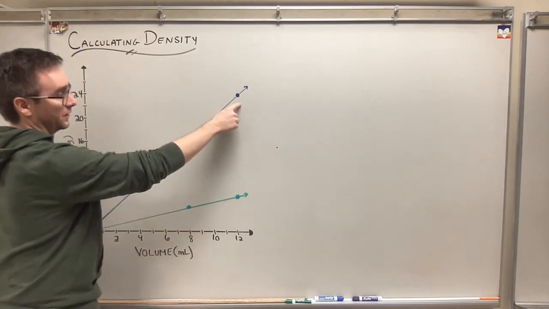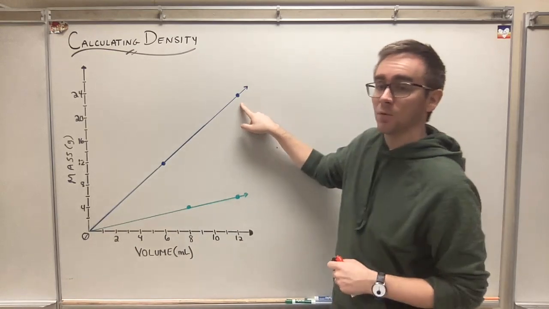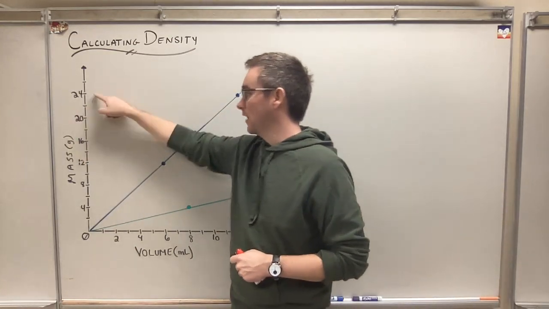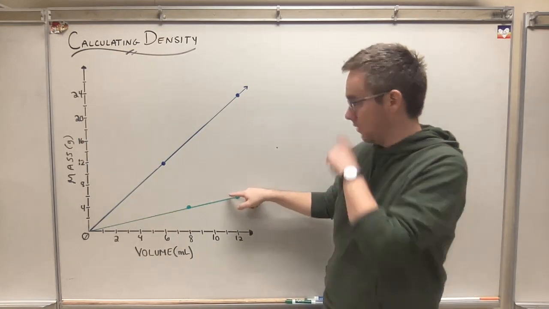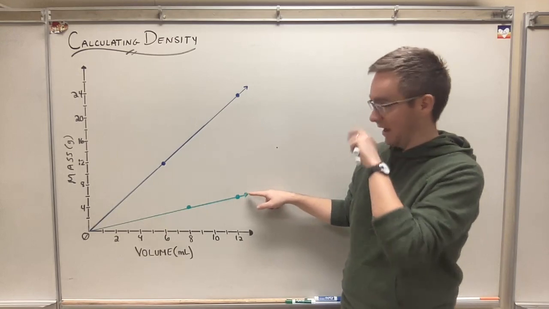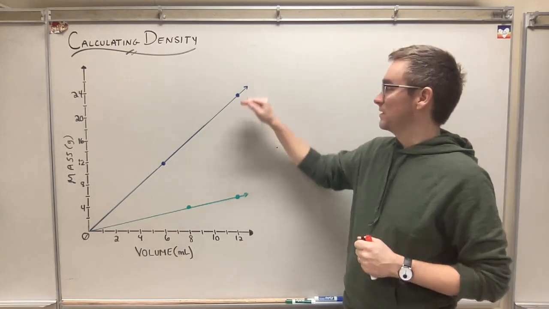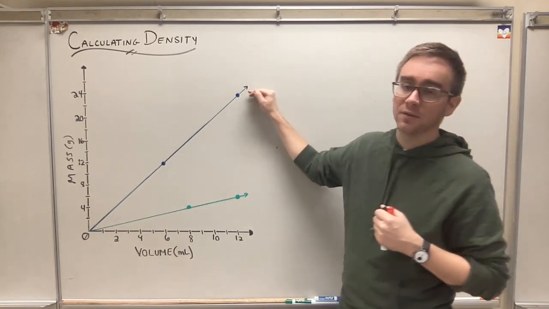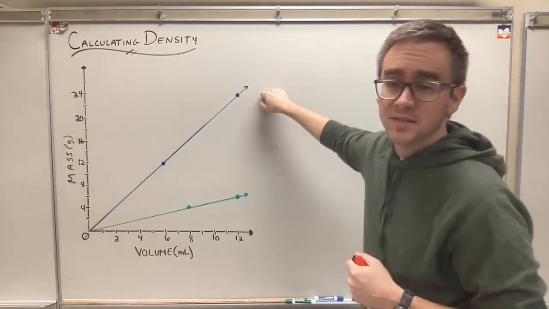If they both have 12 milliliters, we can see that line number 1 has a lot more stuff, or a lot more matter, within that 12 milliliters than the green line, line number 2, has. More stuff in the same amount of space means that this blue line, the top line, is going to be more dense.